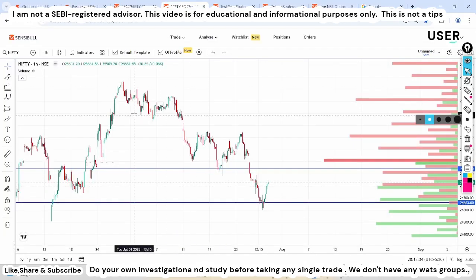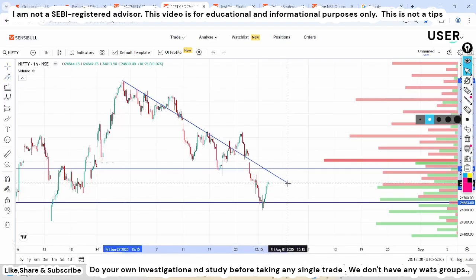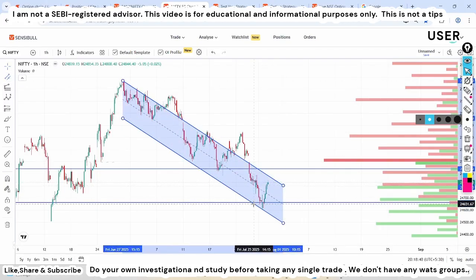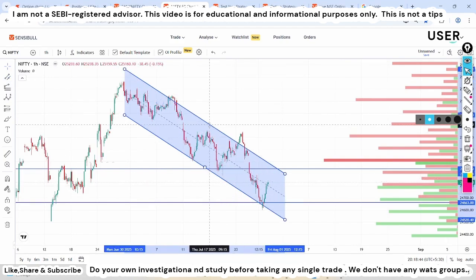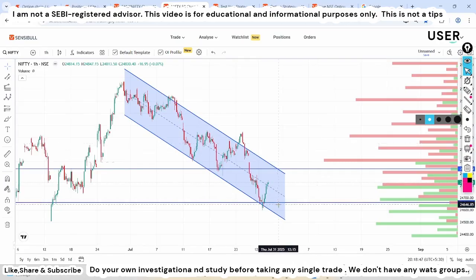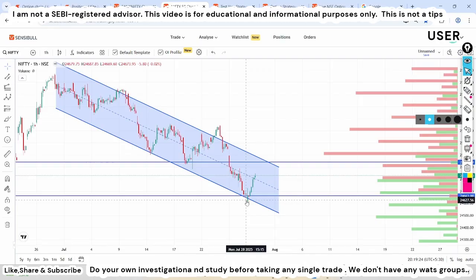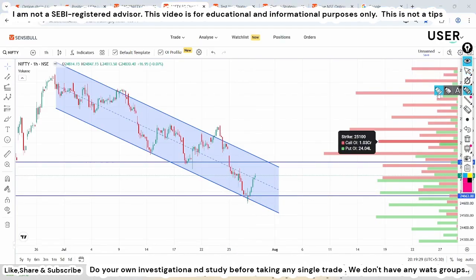So, to quickly explain once again, Nifty was trading in a channel. Basically, this channel, you can see it here. When Nifty was around this point, around 24,678, on Monday I took a position because the market was bouncing from this location.